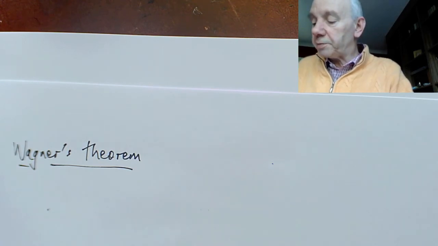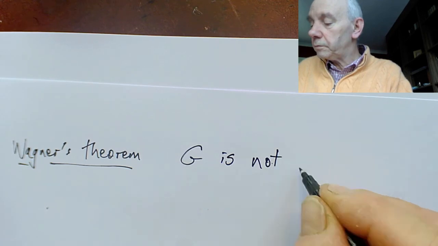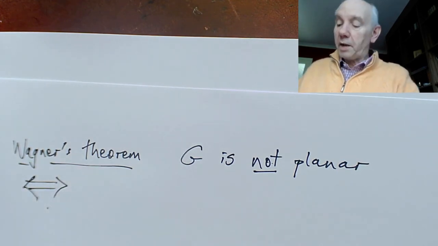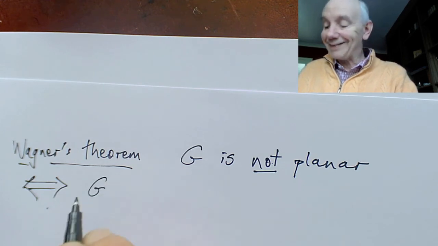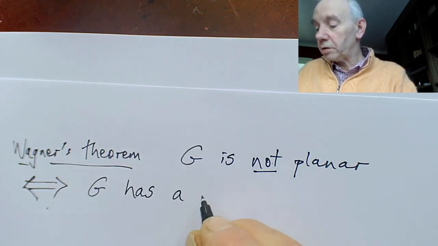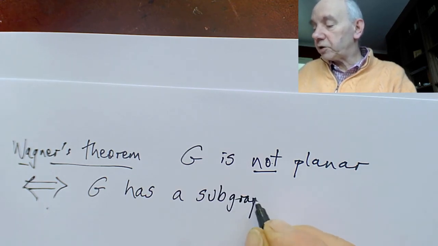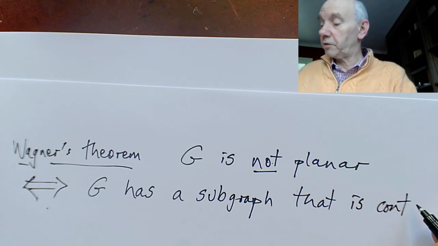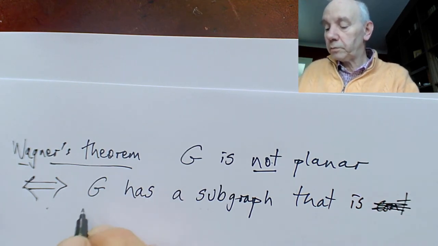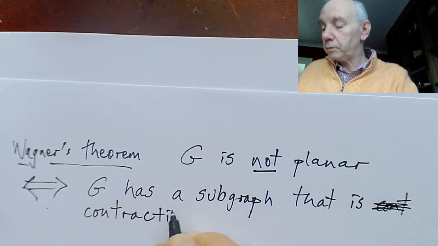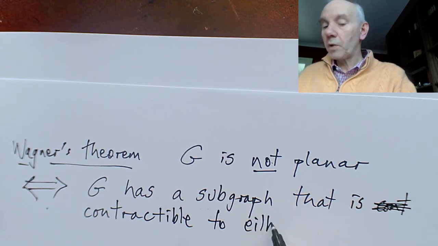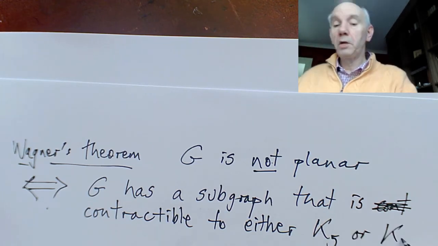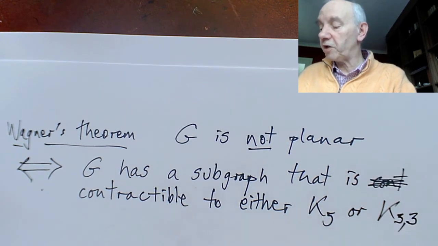A graph G, as before, is not planar if and only if G contains, or G has, a subgraph that is contractible, can be contracted to either our two friends K5 or K33, or two enemies if you like, or both, or conceivably, sometimes, not necessarily, both.